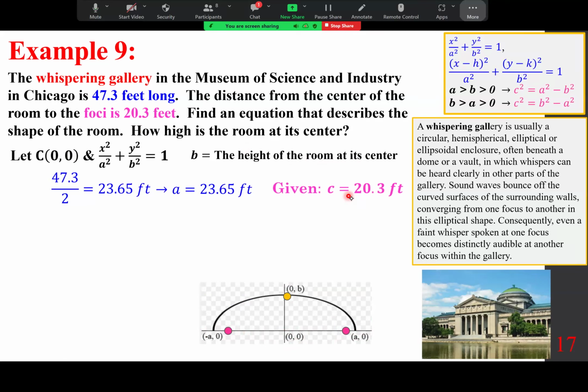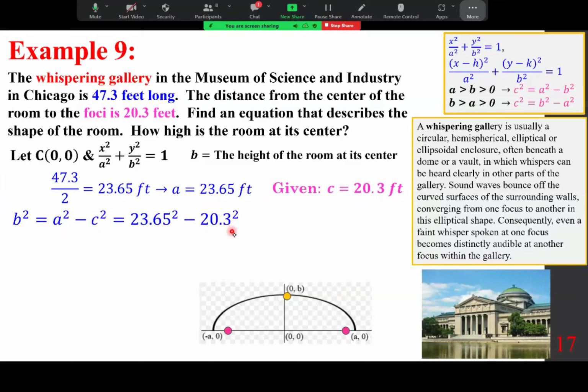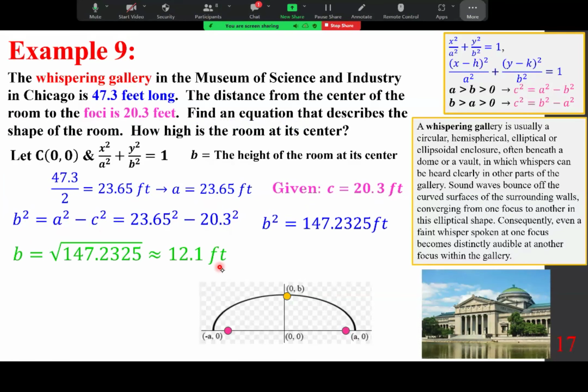How do we calculate the b? a squared minus b squared equals c squared, or you can say b squared is a squared minus c squared. So b squared is 23.65 squared minus 20.3 squared. You put it into a calculator, you get b squared, and you take the root, about 12.1.